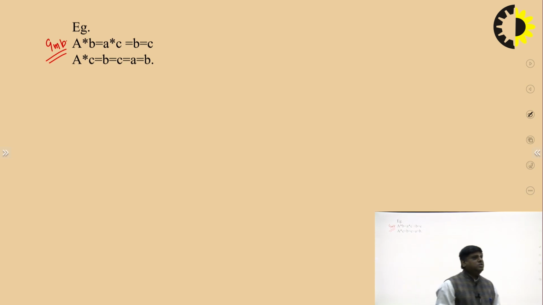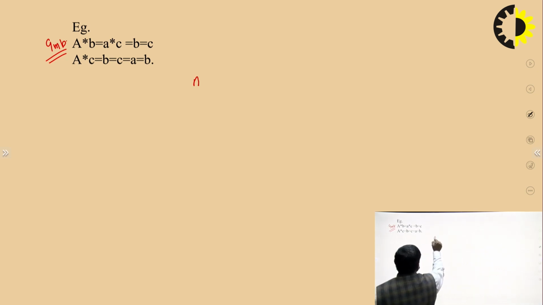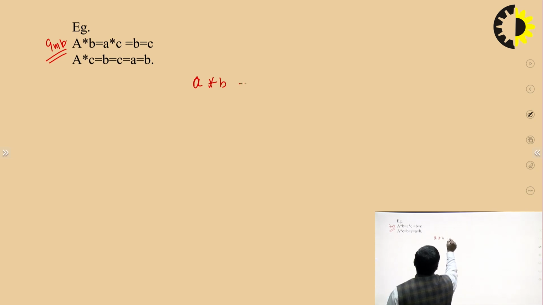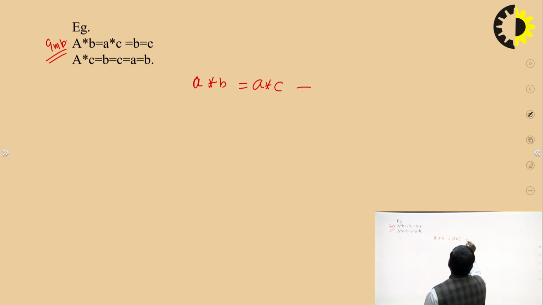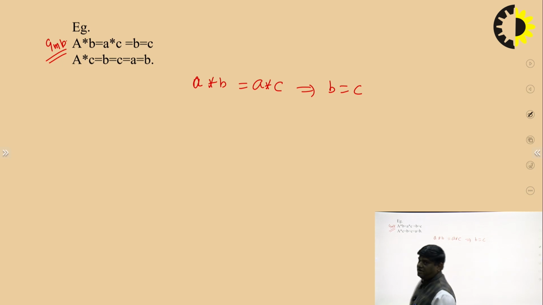This is also known as the left cancellation law or the right cancellation law. What is it? If A operation B equals A operation C, then we can prove that B is equal to C. In this equation, we multiply A inverse on both sides.